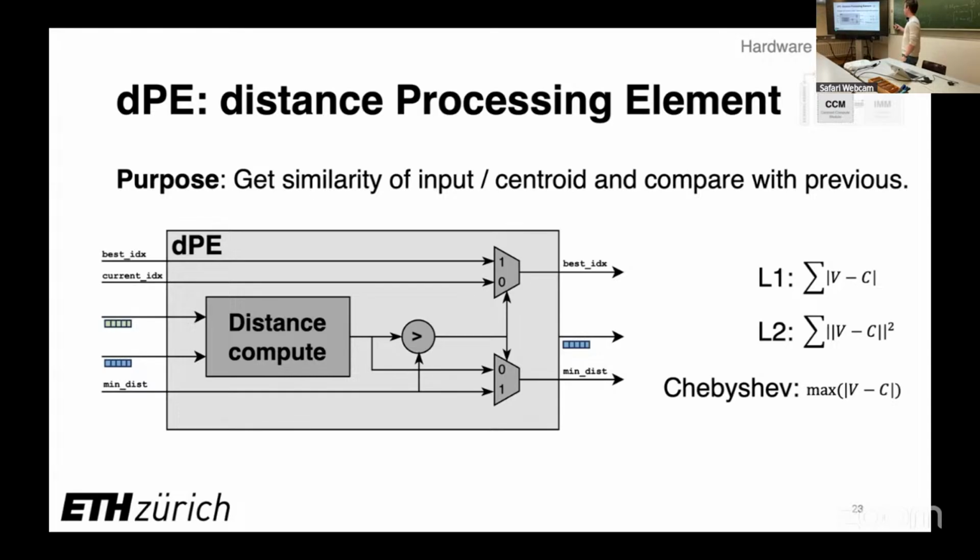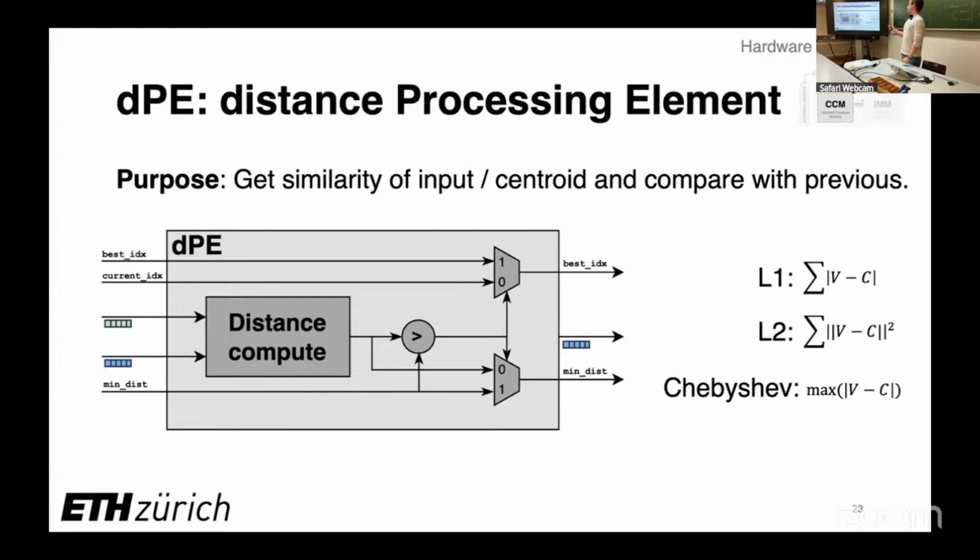So in the paper, there's 3 options for similarity or distance computation. The main one that they use is L2, which is a familiar sum of distance squared. But they also discuss L1, which is a simpler, more crude, just sum of absolute distance.